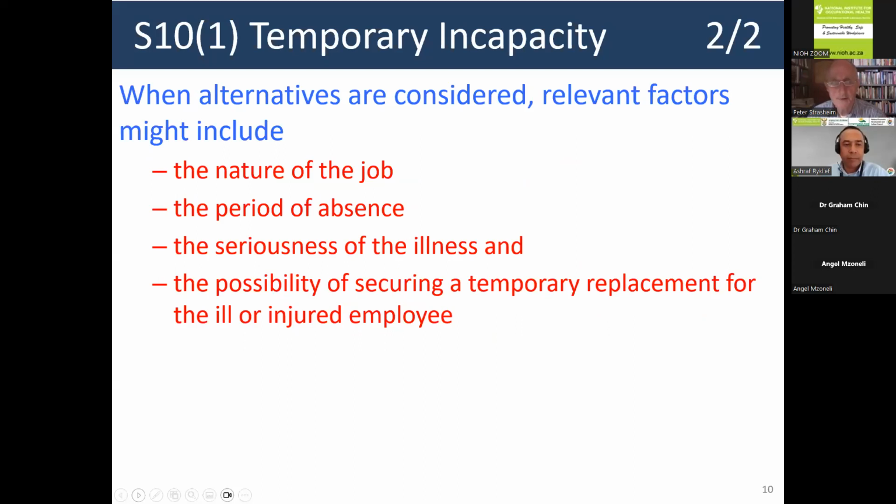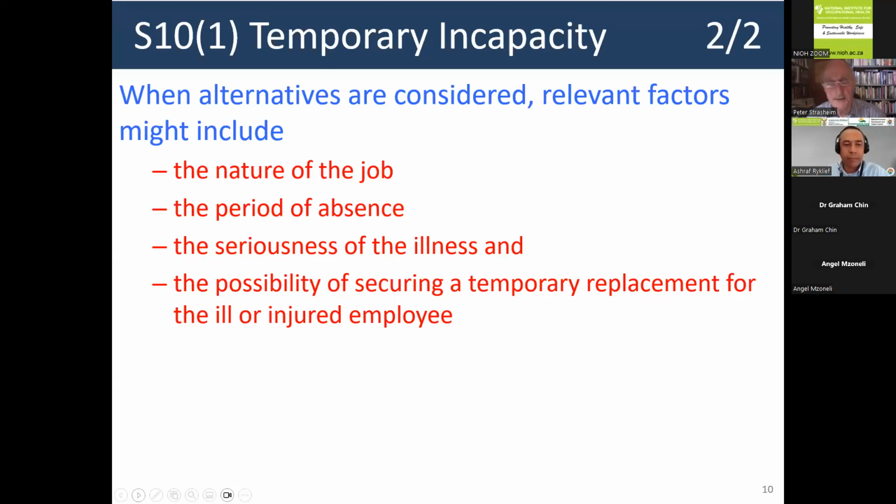You would look at the period of the absence, and that is a function of three things: the past period of the absence, the present period of the absence, and the projected future period of the absence. You then look at the seriousness of the illness. That would be where a medical practitioner, GP, or specialist comes in to get reports about how serious the illness is. And that's a function of also the period of the absence and the diagnosis.